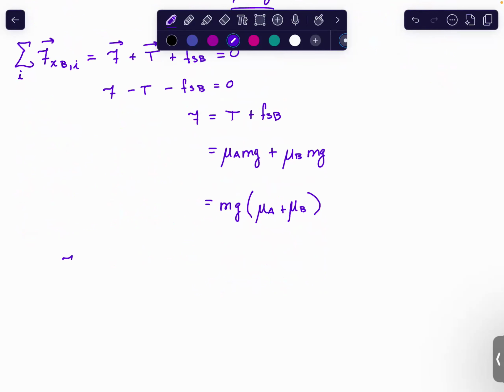So then the force is going to be 2.0 kilograms, which is the mass of each block, times gravity, which is 9.8 meters per second squared, the gravitational acceleration constant. And then our coefficients of friction from the problem, 0.45 and 0.30.